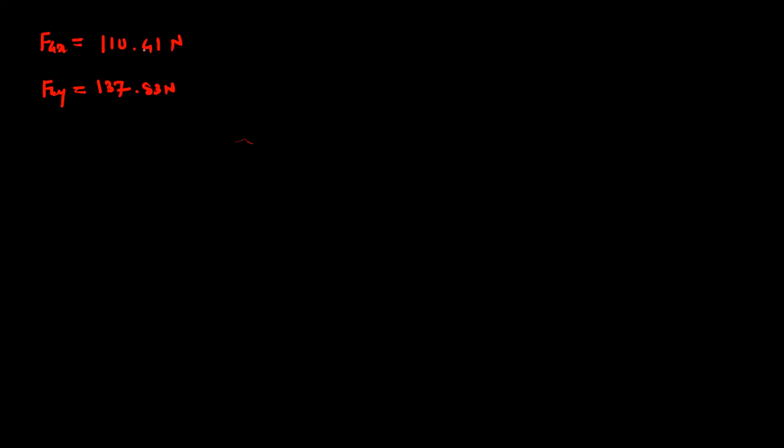So what is the meaning of this positive? F4x is on the positive x side and F4y is on the positive y side. So from this we can decide the quadrant for F4, which is an unknown force. Its quadrant is the first quadrant.